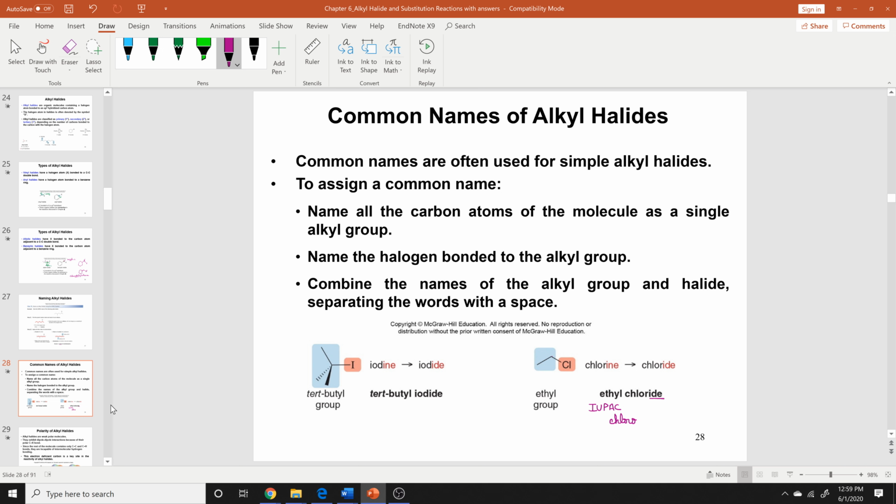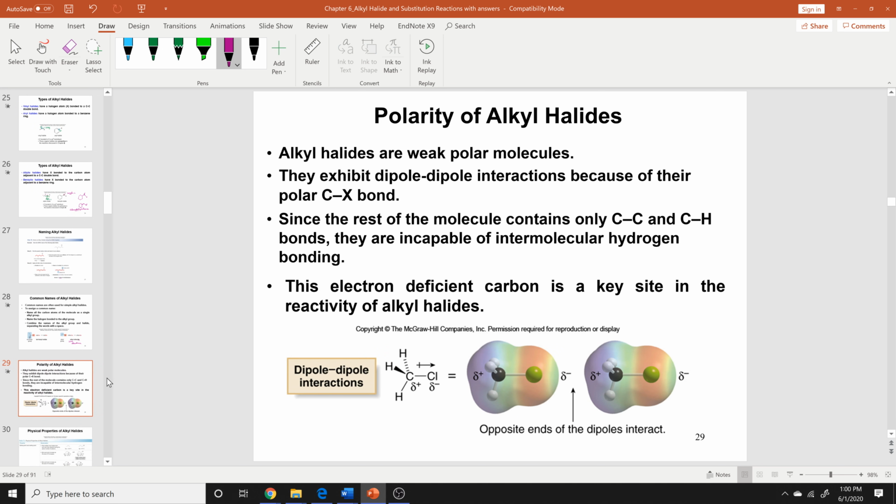I don't have to put one, because again the chlorine can either be on this carbon or this carbon and still be carbon number one. So chloroethane, that is going to be the IUPAC name. For the common name, you just put an -ide at the end, and that is used for simpler alkyl halides.